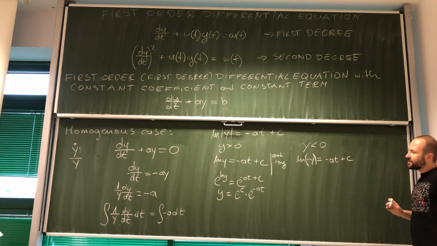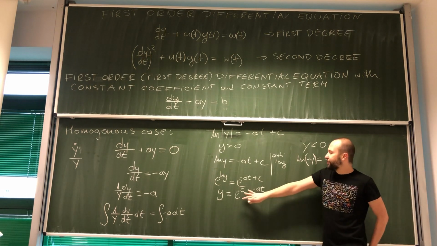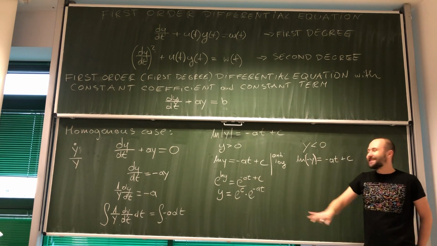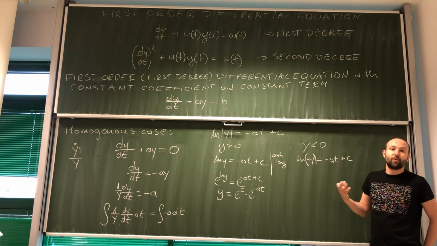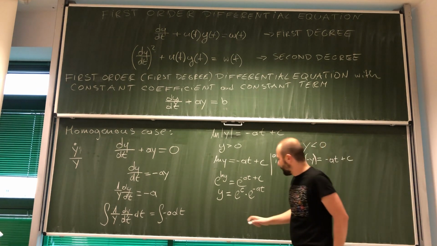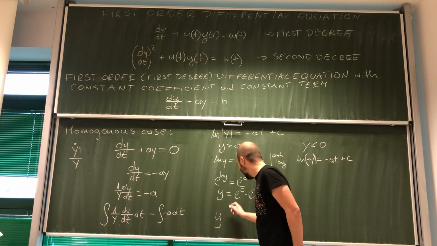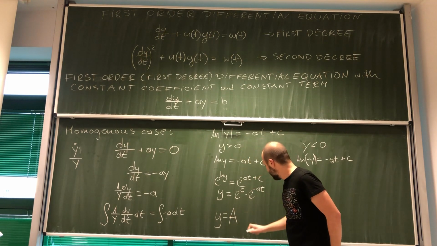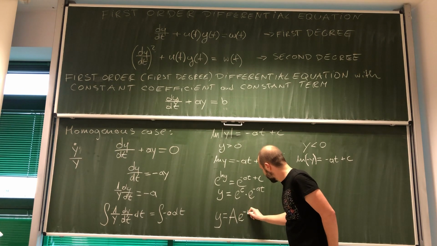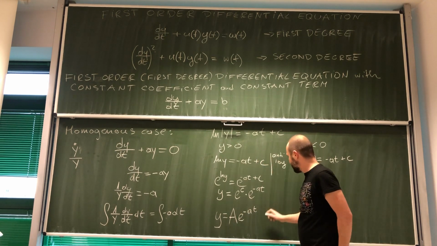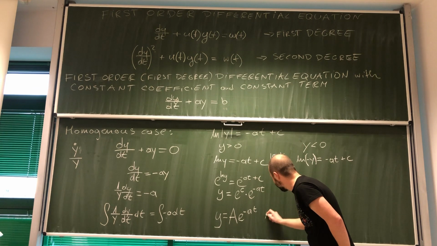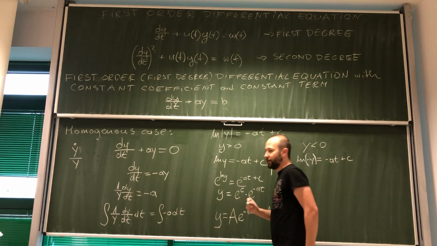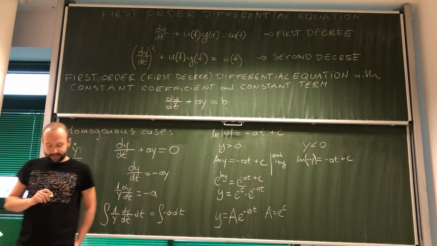And look, from this moment on, because we don't know what c is, we do not know what this number exactly is as well, right? So what I'm going to do over here is I'm going to simply replace this e to the power of c by capital letter A, and here we will notice that A is equal to e to the power of c.